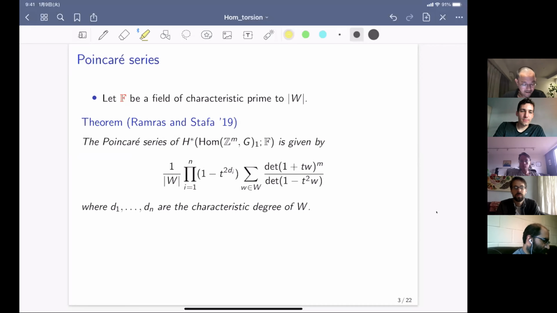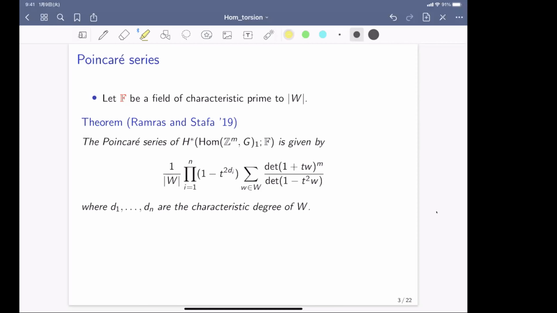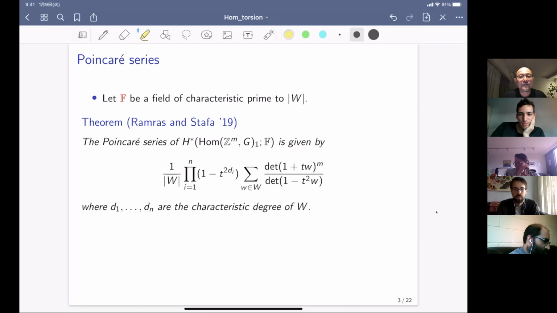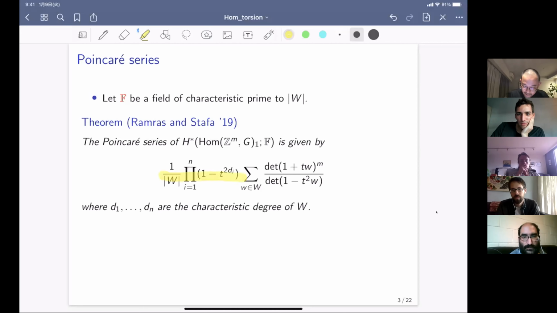Let F be a field of characteristic not dividing the order of the Weyl group W. Then there is a nice formula given by Baird on the cohomology of the space Hom(Z^m, G)_1, and based on this formula, Ramras and Stafa determined the Poincaré series of the space Hom(Z^m, G)_1 over the field F. Anyway, the Poincaré series is given like this.